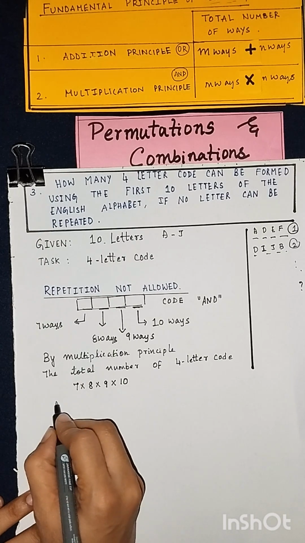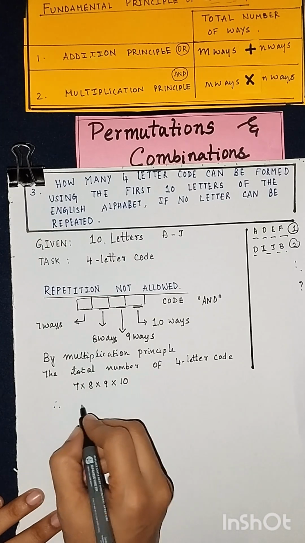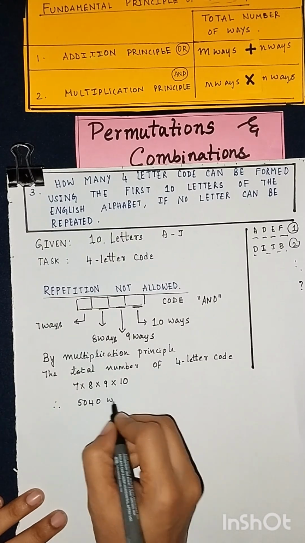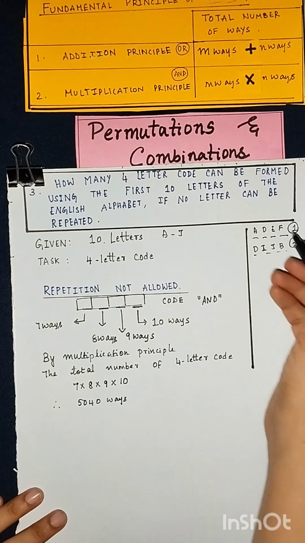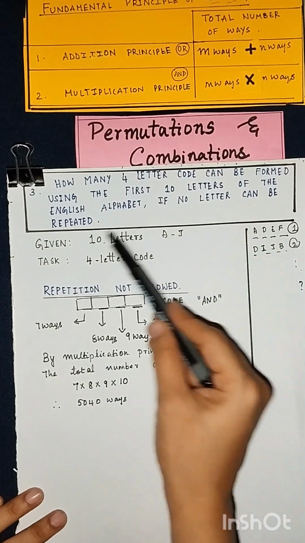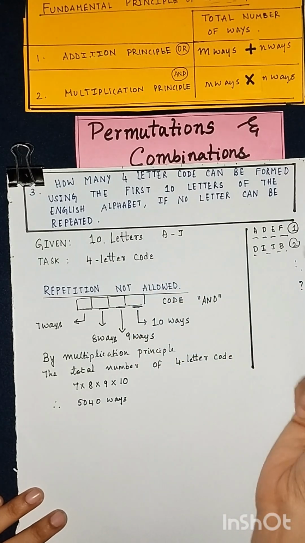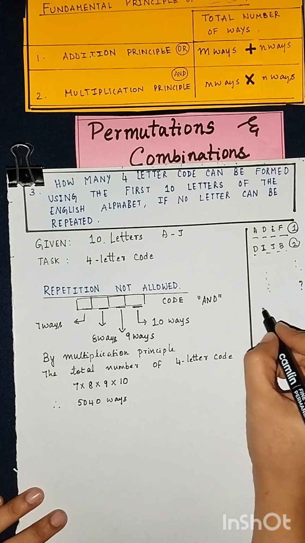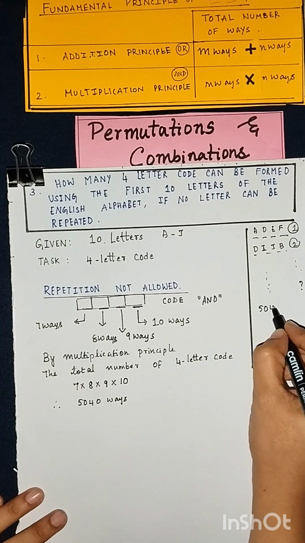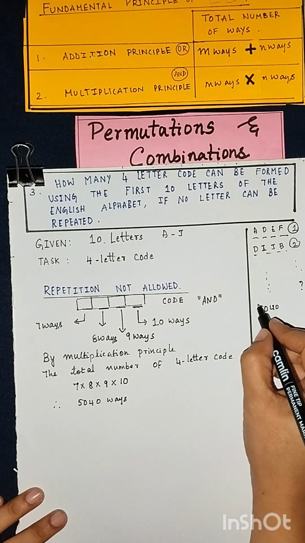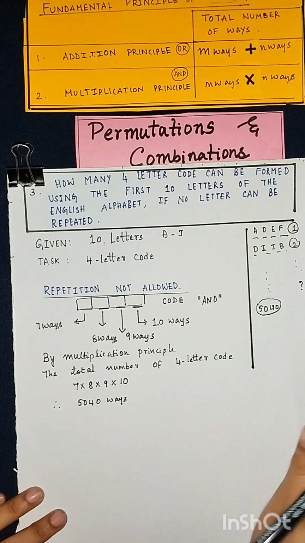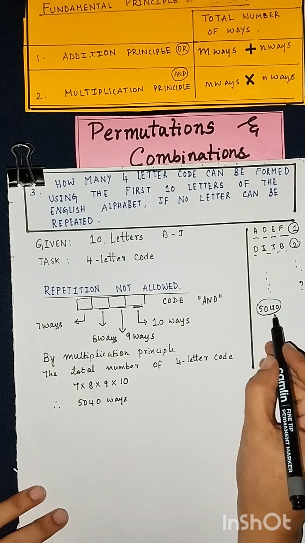Therefore you'll have 5040 ways. That means from the first 10 letters, you can create up to 5040 codes. 5040 codes.